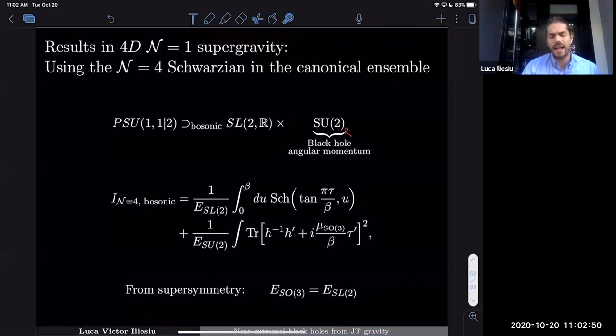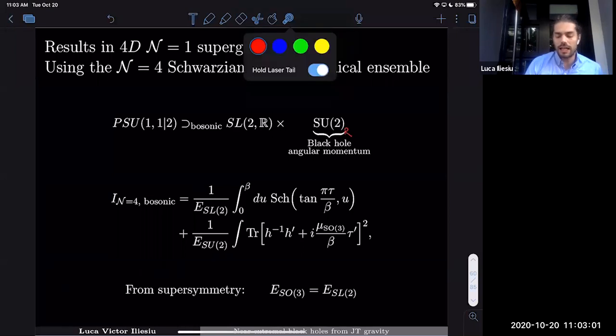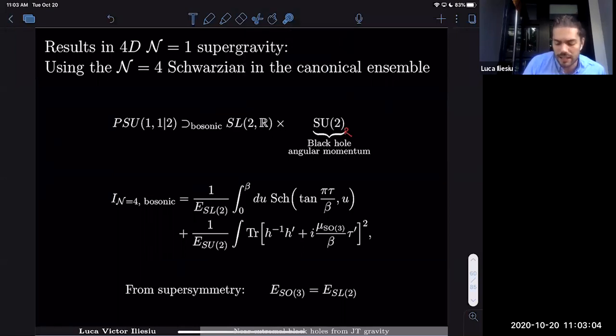If I look at the effective boundary theory that this SU(2) R symmetry results in, it results in a particle moving on an SU(2) manifold. So this is the action of a particle moving on SU(2) coupled to the Schwarzian. And supersymmetry actually imposes that the coupling of the Schwarzian precisely matches the coupling of the particle moving on the SU(2) manifold.